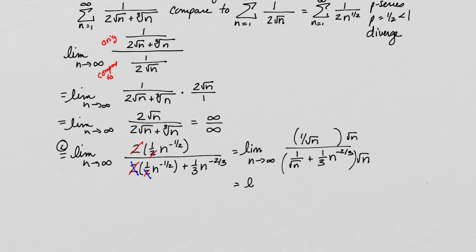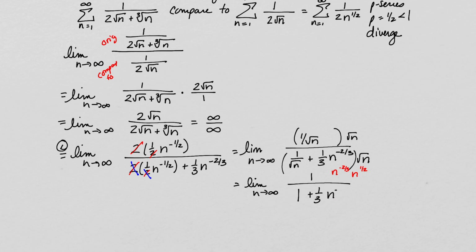If I do that, I'm left with the limit as n approaches infinity. On the top, I have a 1. And then I have plus 1/3. So remember, this is n to the negative 2/3, and then this is n to the 1/2. So that's basically what we have going on here, right?